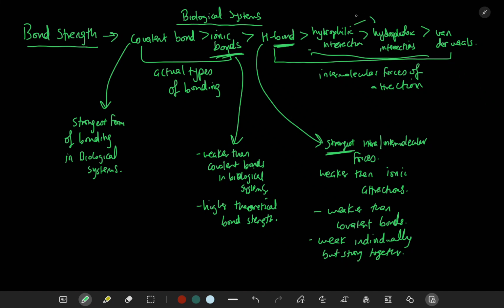So for hydrophilic interactions, there are still partial charges involved, because hydrophilic means water loving, which means they can interact with water, which means those molecules are going to have polar covalent bonds. Polar covalent bonds means there's a distribution of electrons across that bond, such that the atom with the higher electronegativity has more of the bonding electron pairs, and the atom with the lower electronegativity receives less, which means there are partial charges across that bond. And if there are partial charges, there could be attractive forces present.